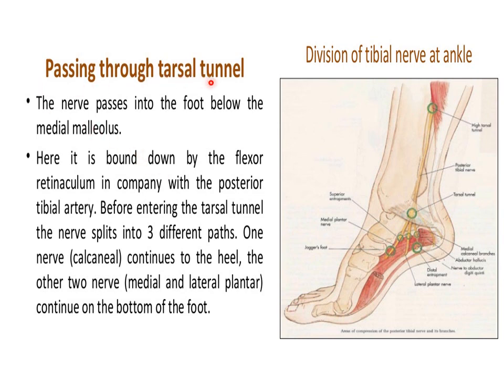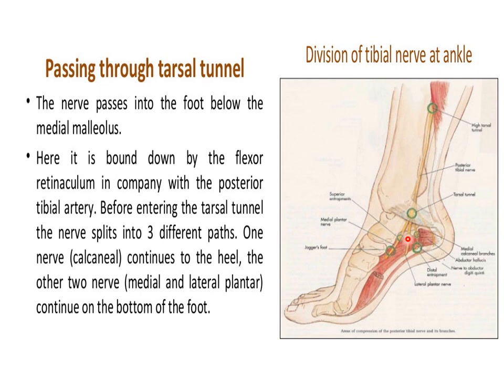Passing through the tarsal tunnel, that is underneath the flexor retinaculum at the ankle, the nerve passes into the foot below the medial malleolus. The tibial nerve is bound down by the flexor retinaculum, accompanied by the posterior tibial artery. Before entering the tarsal tunnel, the nerve splits into three parts.